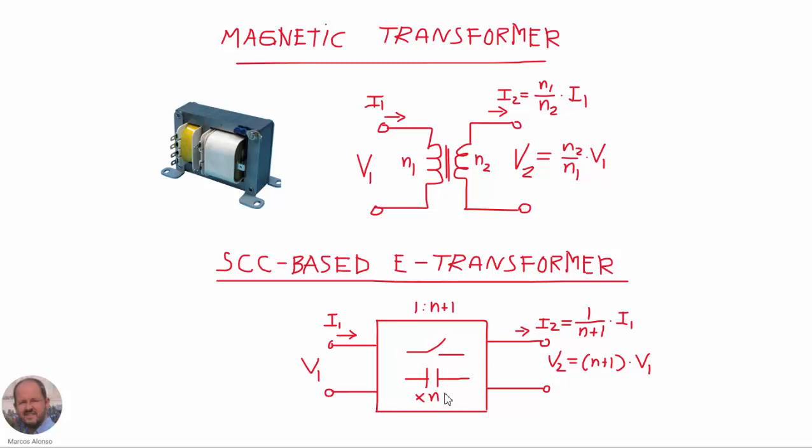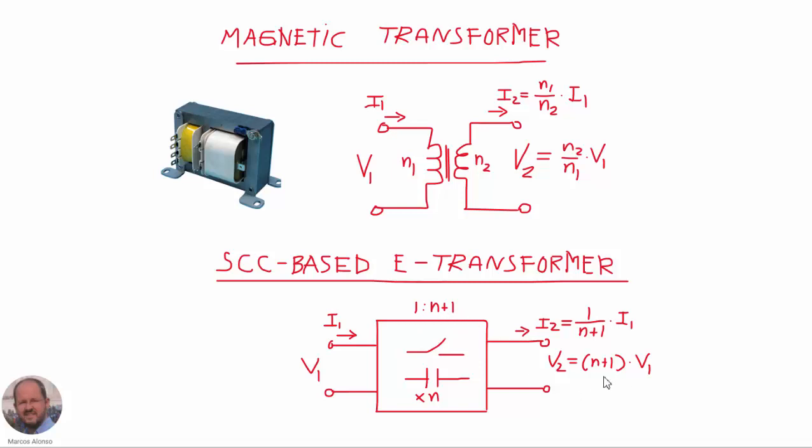We know that using switch capacitor converters and including a number of capacitors, for example here N, we can implement converters with a given ratio between the input and the output. In the case of N capacitors, we have seen that we can have this ratio 1 over N plus 1.